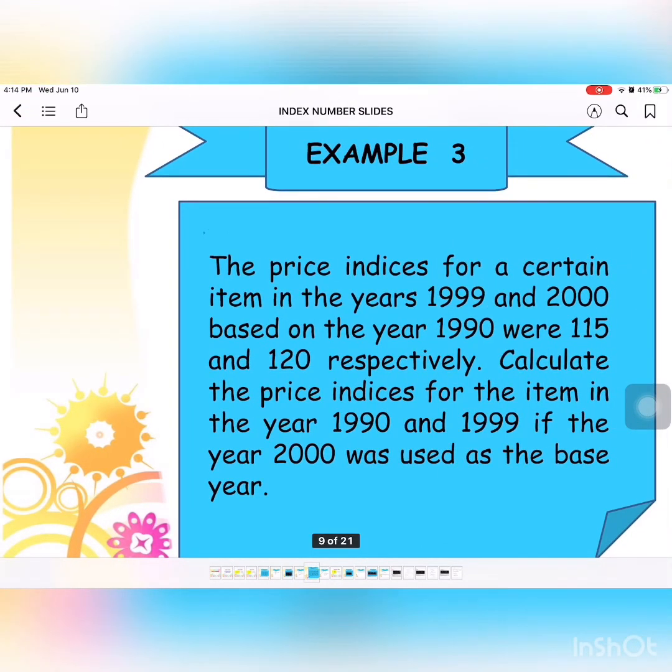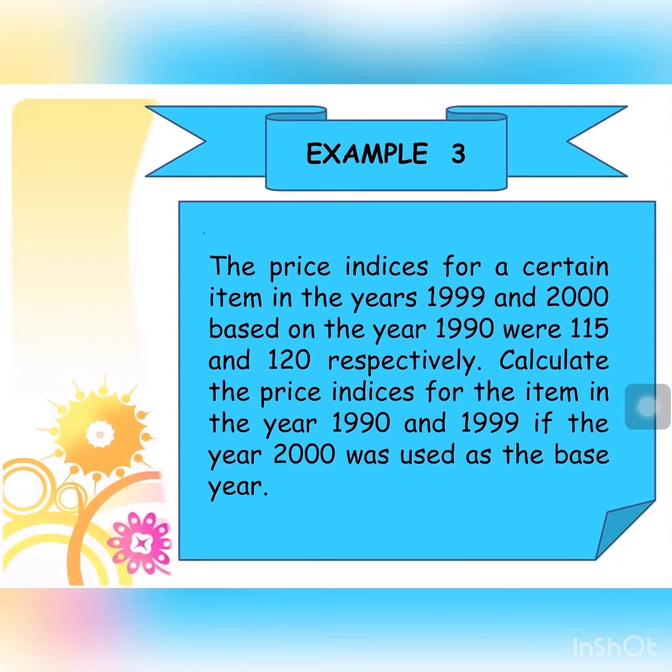In this third question, let's read this slowly. In example 3, the price indices for a certain item in the years 1999 and 2000 based on the year 1990 were 115 and 120 respectively.